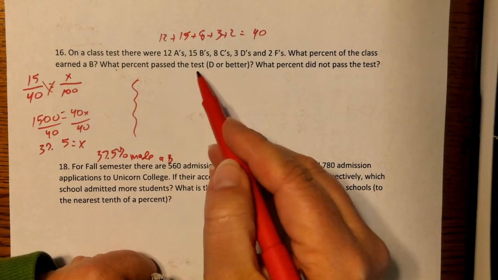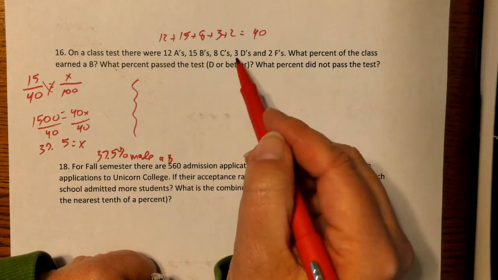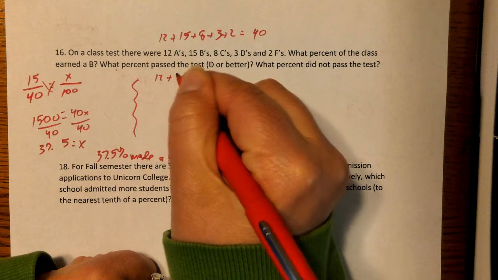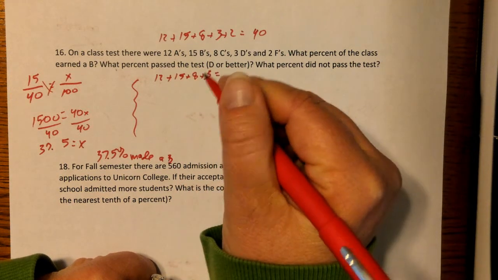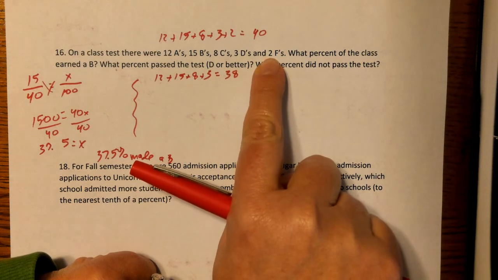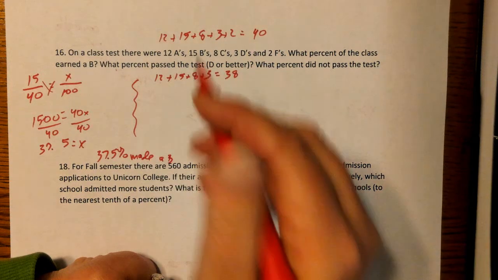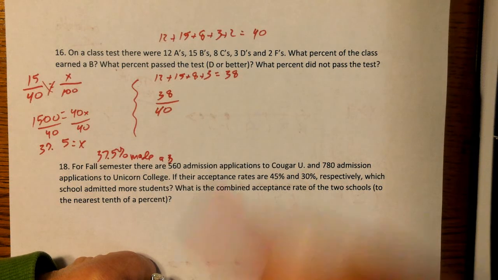Part 2 here, what percent passed the test with a D or better? So remember, D or better would be everyone except for these 2 F's. So 12 plus 15 plus 8 plus 3 is 38. Of course it's 38 because there were 2 F's, so that would leave 38 people that did not make F's. So 38 out of 40 made a D or better.